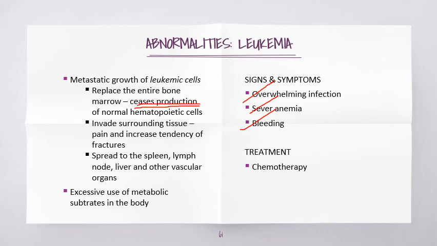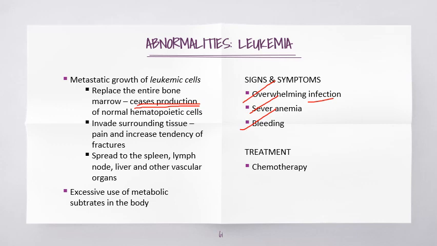So question, why do they have infection if they are producing white blood cells? Remember, these are cancerous malignant cells. So they do not function the way that they should function. That's why, even if it's ironic, even if you have lots of white blood cells, those white blood cells are trash. They do not do anything for you except to cause havoc.